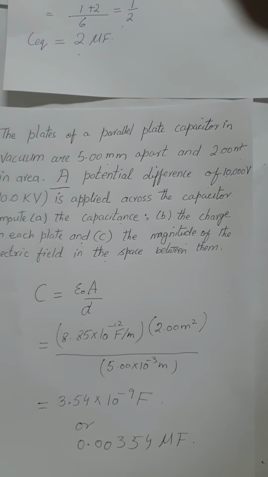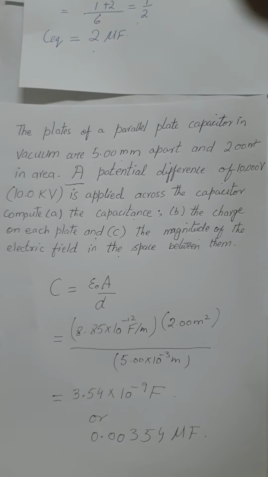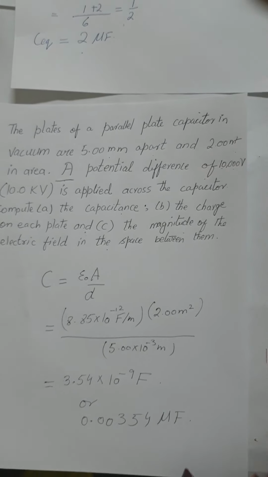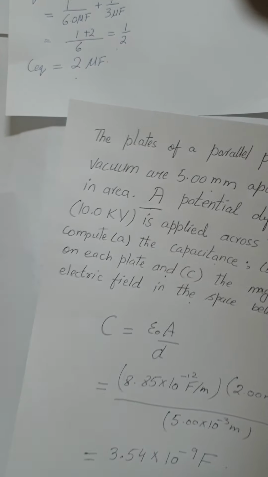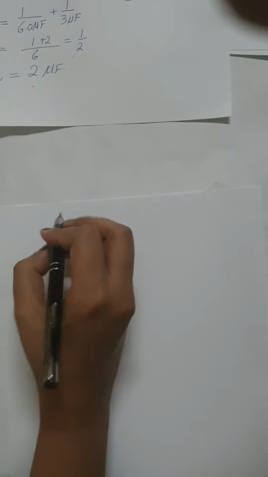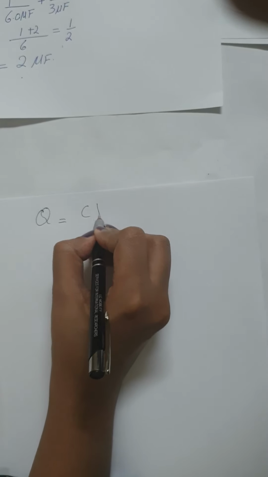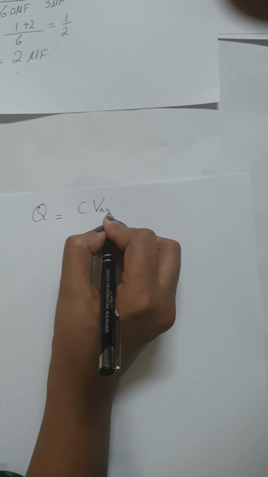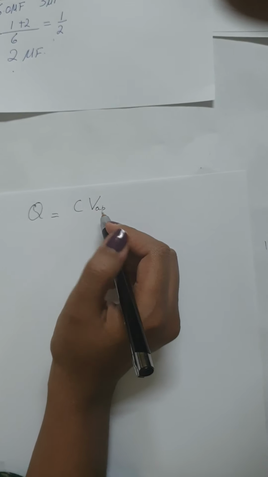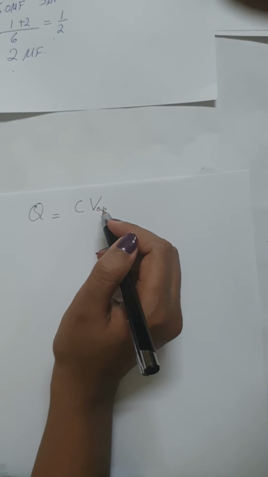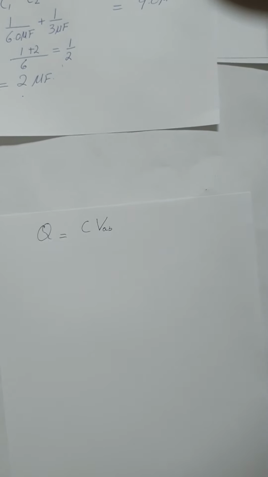Now let's move to the other two targets, the charge on each plate and the magnitude of the electric field in the space between them. So in order to find the charge on the capacitor, we know Q is equal to CV. Here the potential is already given, 10,000 volts.